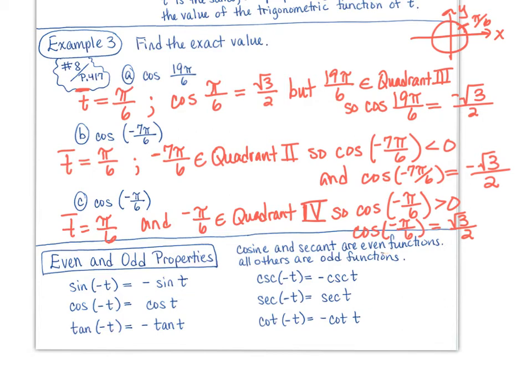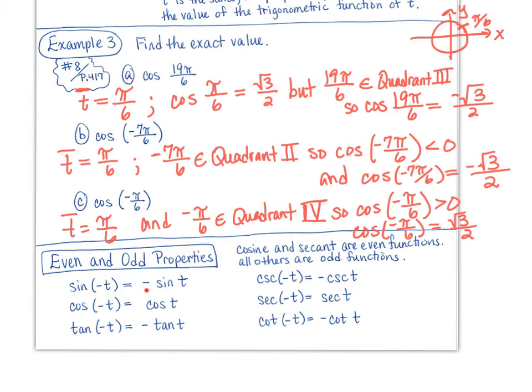Remember when we talked about even functions and odd functions before? Even functions are symmetric with respect to the y-axis, good, and then odd functions are symmetric with respect to the origin.